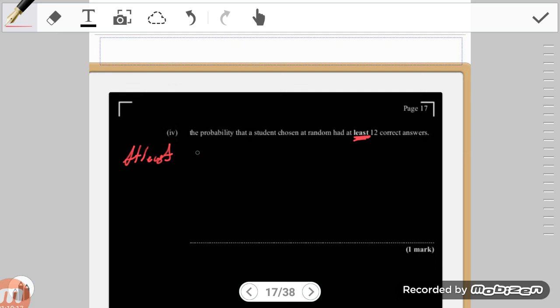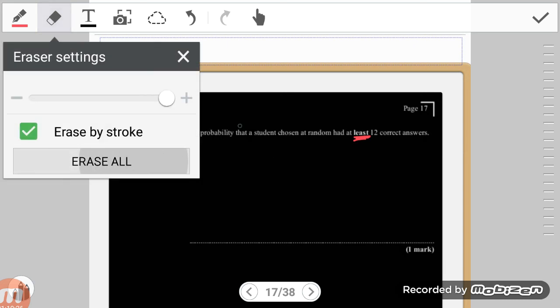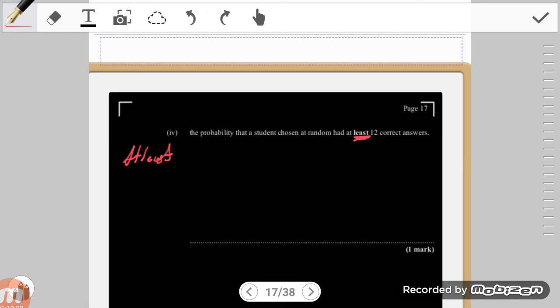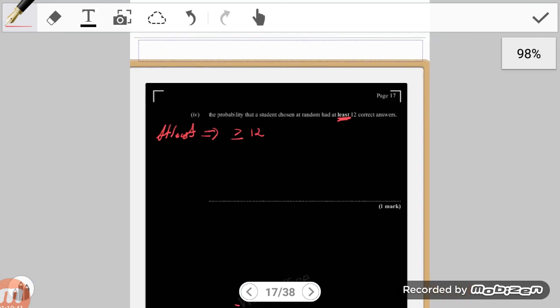At least means greater than or equal to, right? So at least implies that we're greater than or equal to 12.